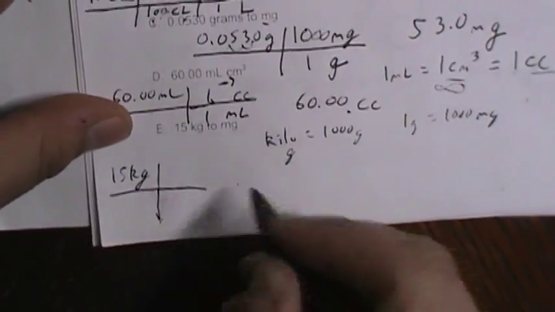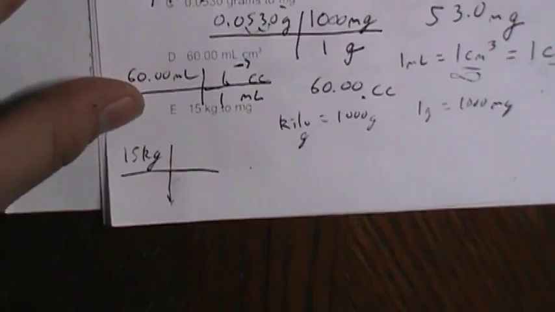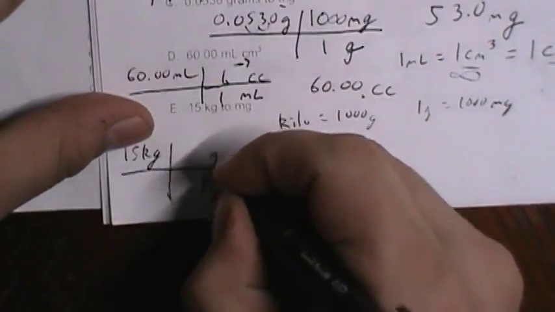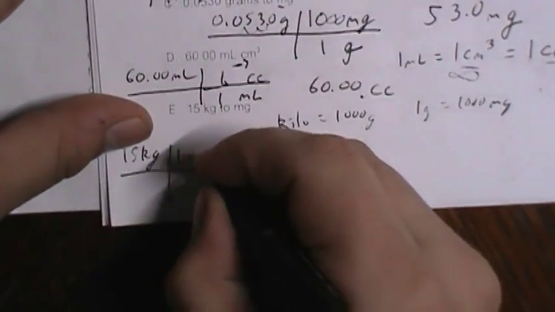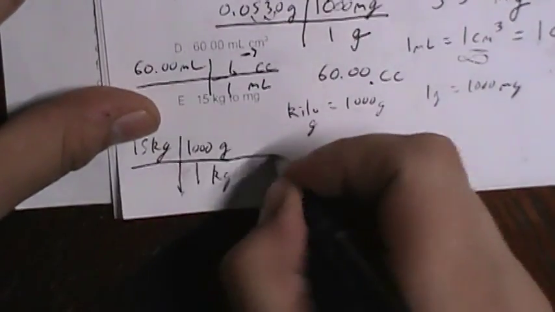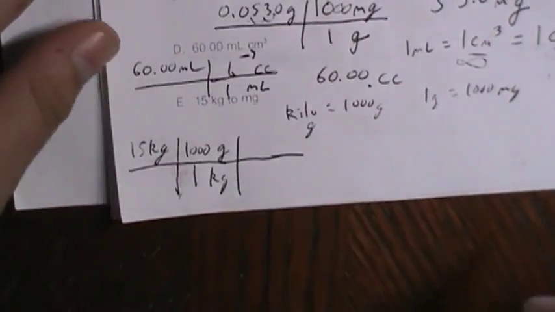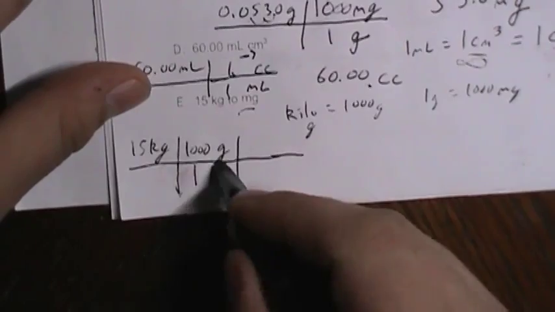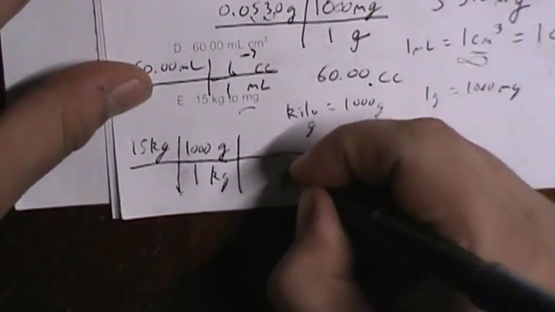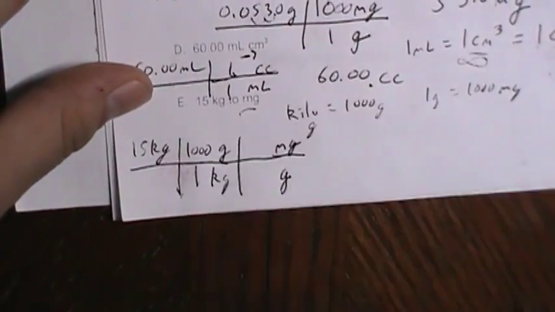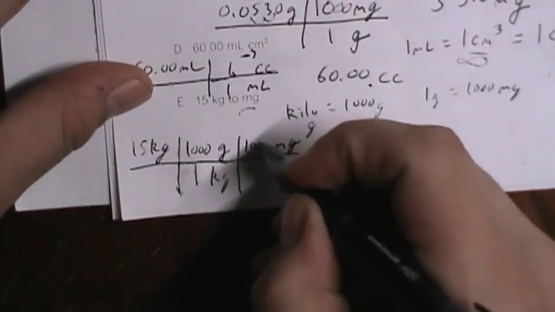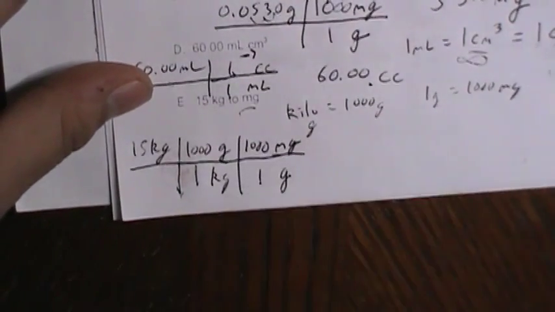Okay, we set up a fraction chart here. Kilogram to gram. There's 1,000 grams in 1 kilogram. Set up one more grid because we want to go to milli, not grams. Grams set up to cancel out. To milligrams. There's 1,000 milligrams in just 1 gram.